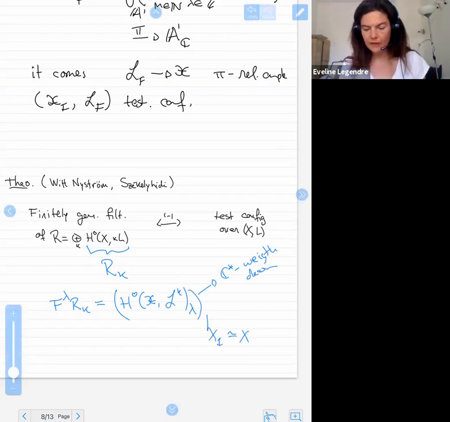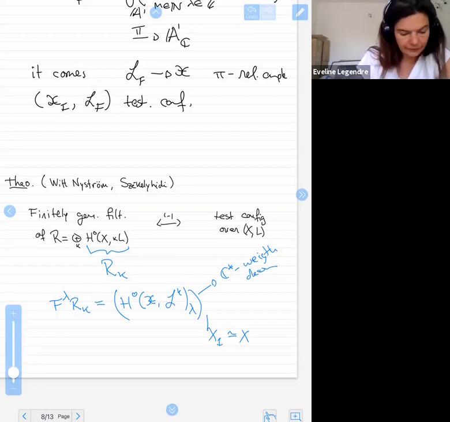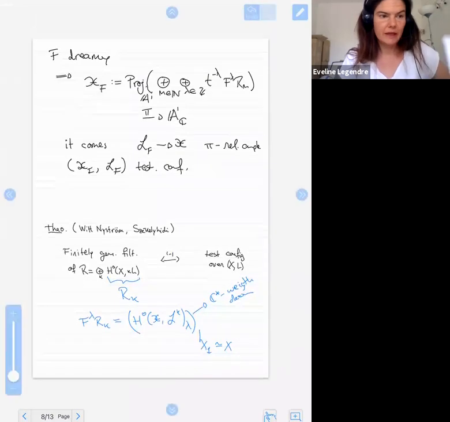Okay. So this is one way to define the filtration that makes it maybe a little bit more geometric.